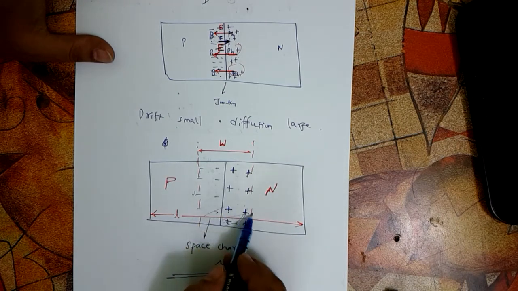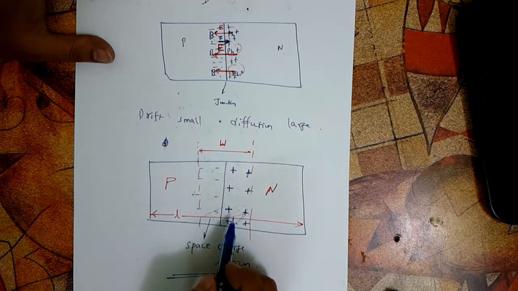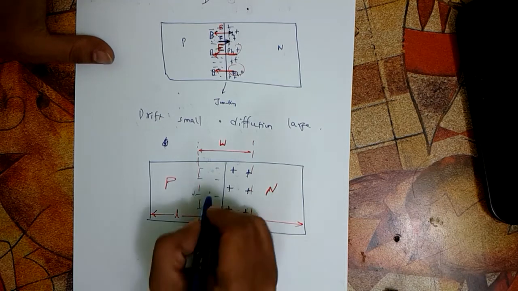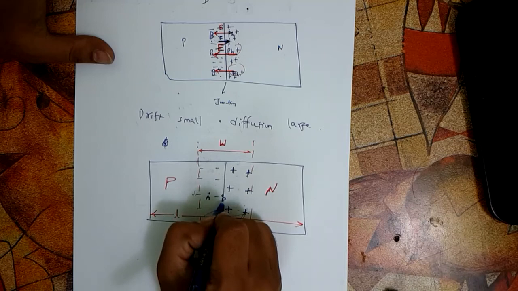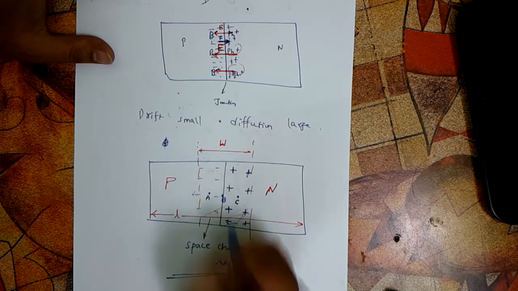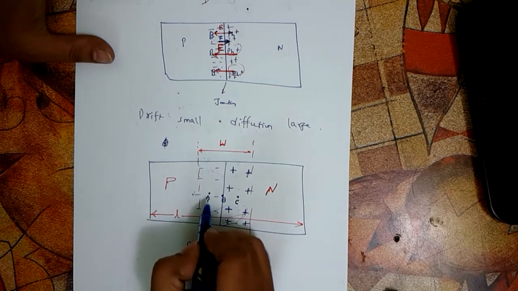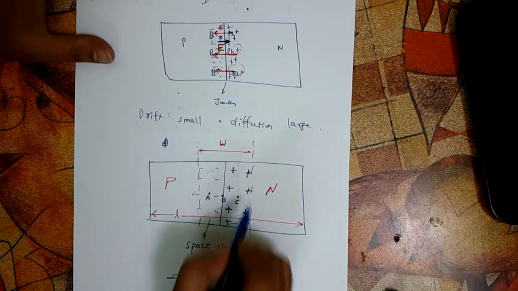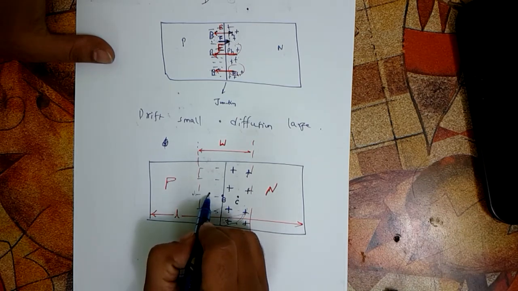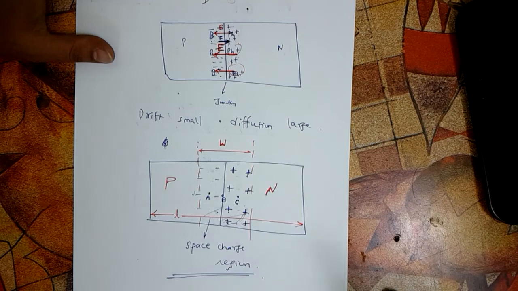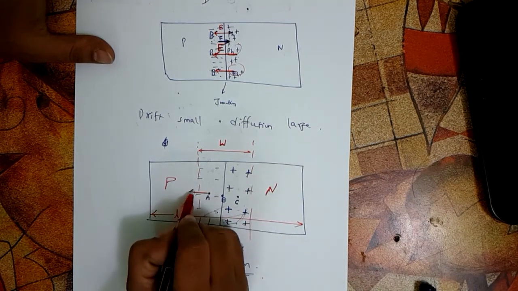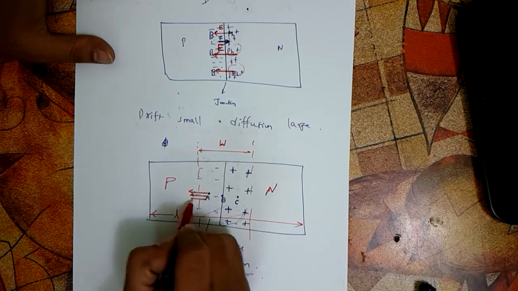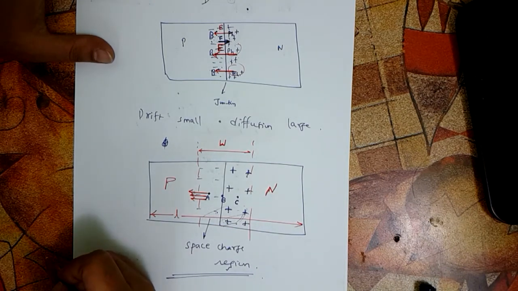Where do you think in the entire region the electric field will be maximum? So we are going to consider point A, point B, and point C. Now let's consider the electric field at A, B, and C. At A, in which direction will these positive charges create electric field? These positive charges will create electric field like this. What about the negative charges?